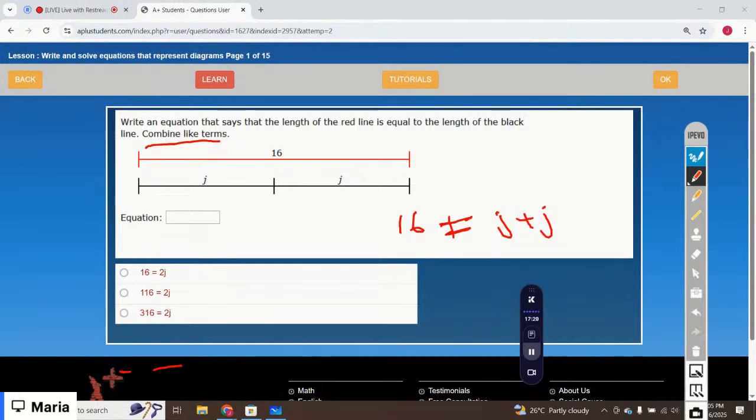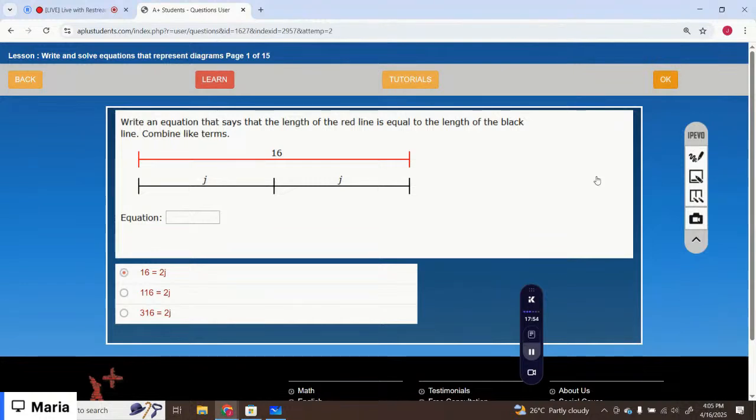So you need to combine like terms. Like terms are the ones that have the same variable. So j and j are like terms, and that equals 2j. Option number 1 is the correct option: 2j equals 16.